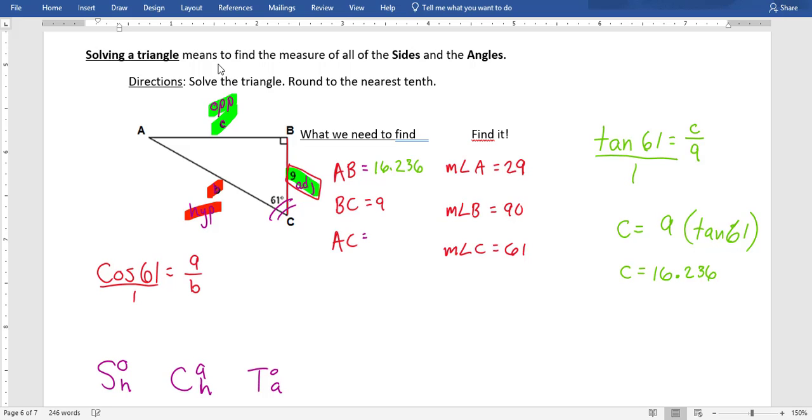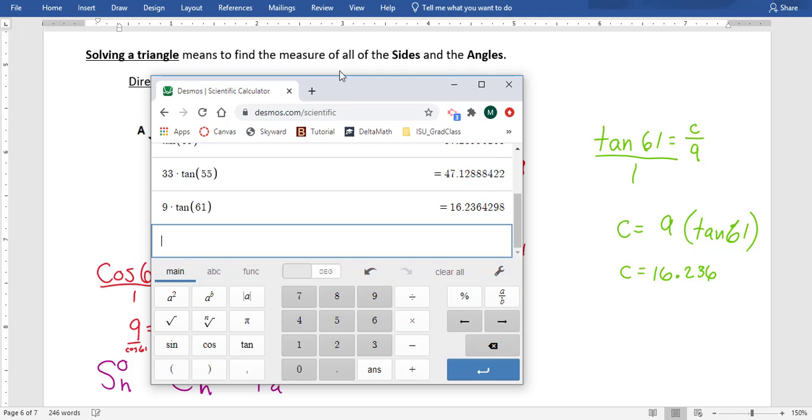When we cross multiply, we get 9 times 1 is 9. Cosine of 61 times B is just cosine of 61 times B. To get B by itself, we need to divide by cosine of 61 on either side. And let me type that into my Desmos scientific calculator.